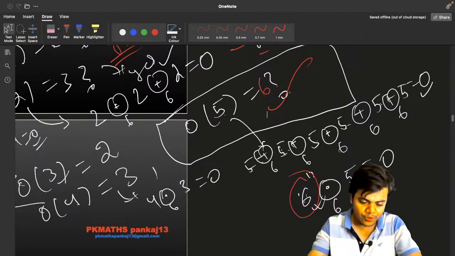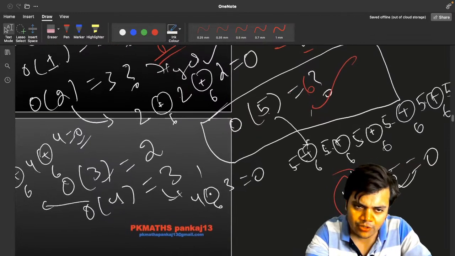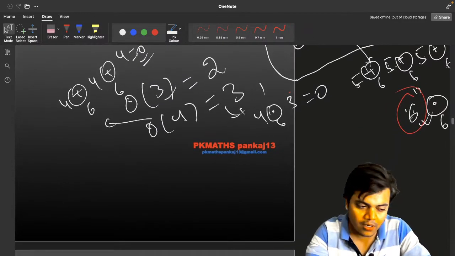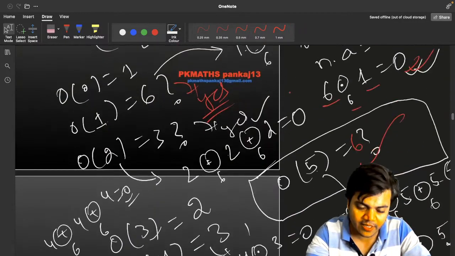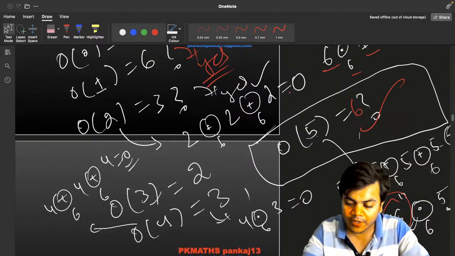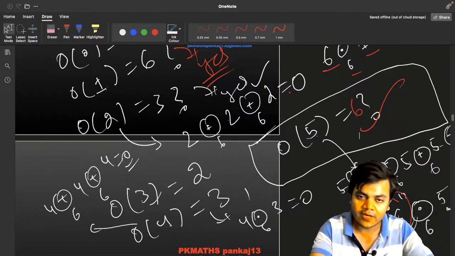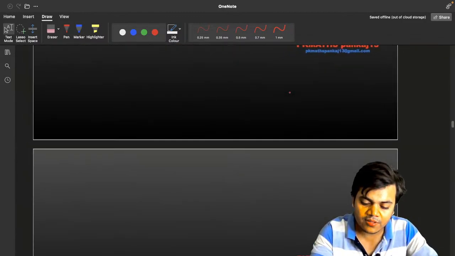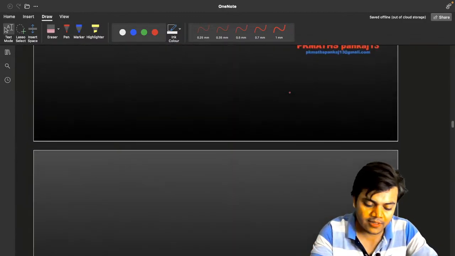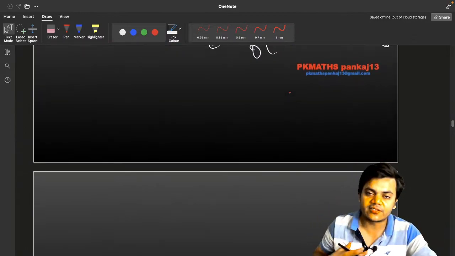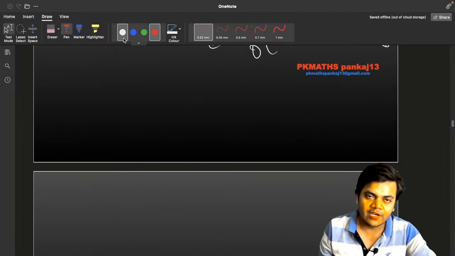Okay, so I hope you got it. So this is how we use to find the order of a particular element in Zn. Okay, but there is a very interesting thing over here, and I would just like to say about it. Certainly I should discuss the Euler's phi function and things related to that, and we'll do that.